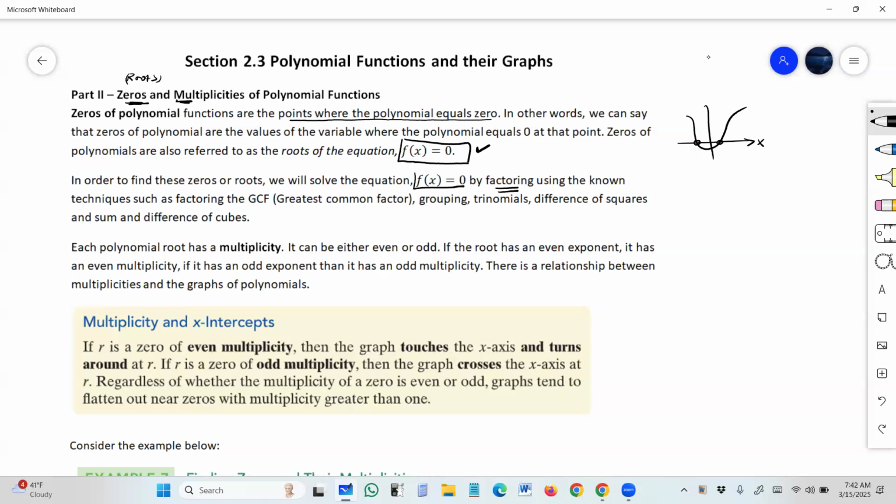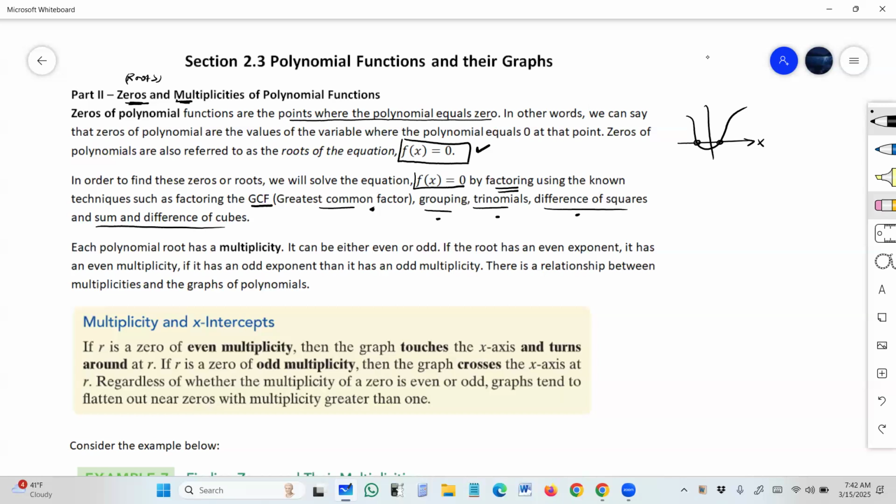Right, so we're going to use GCF, the greatest common factor technique, or grouping, or factoring trinomials, or difference of squares, or in some cases, the sum and difference of cubes. Most often, we are going to use greatest common factor, grouping, factoring trinomials, or the difference of squares.